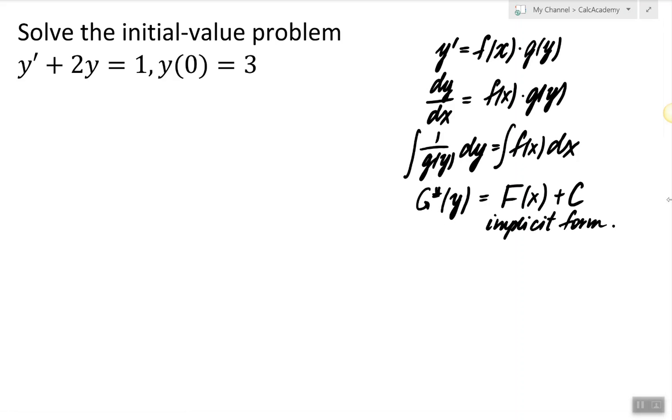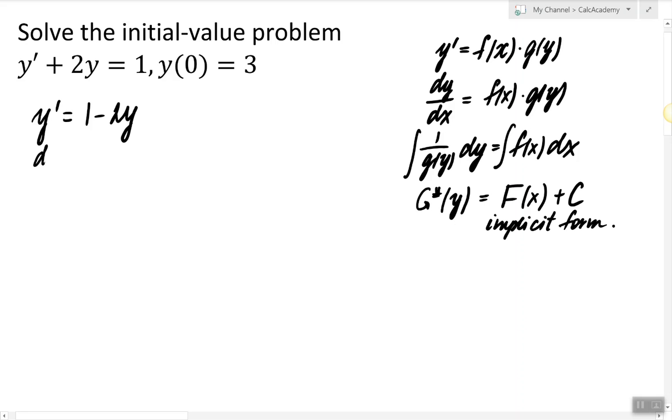And let's get started. So first of all, do we see that we have a separable equation? Yes, we can subtract 2y from both sides, and now on the right hand side we just have a function of y multiplied by 1, which can be interpreted as a function of x.